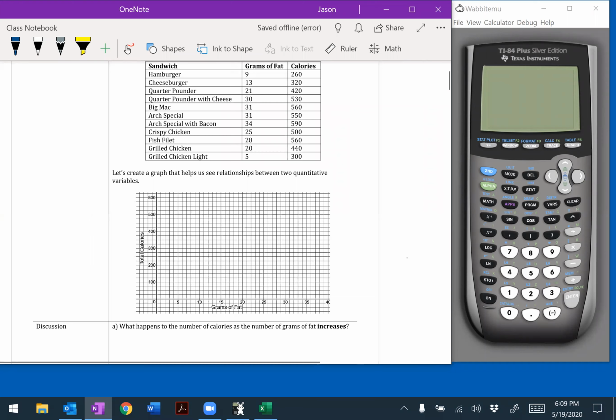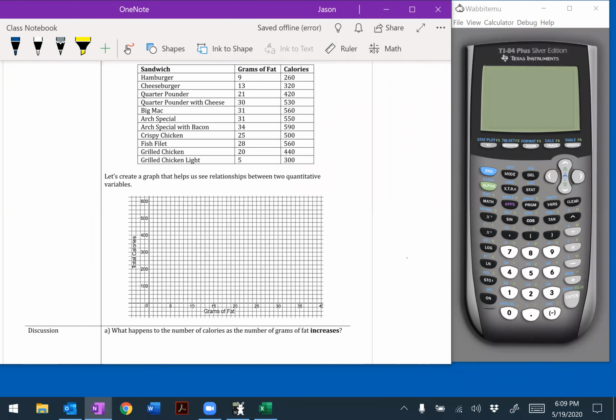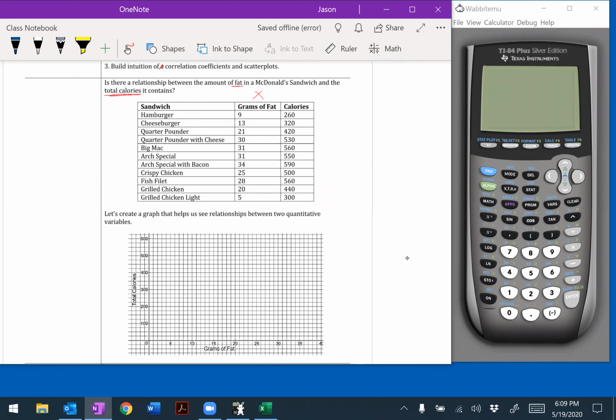We'll put the grams of fat on the x-axis and the calories on the y-axis. Does the amount of calories increase as the grams of fat increases? Is there a positive relationship? Is there a negative relationship? Is there no relationship? We want to see that.